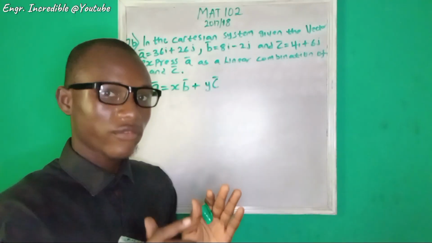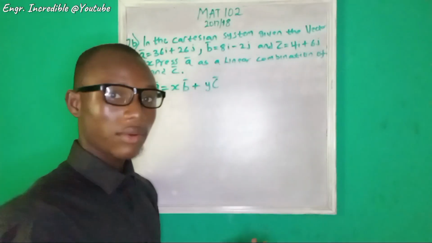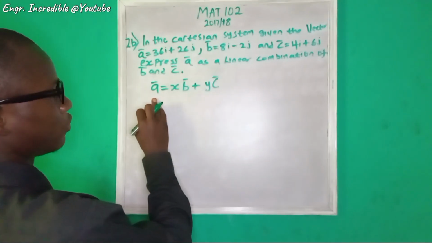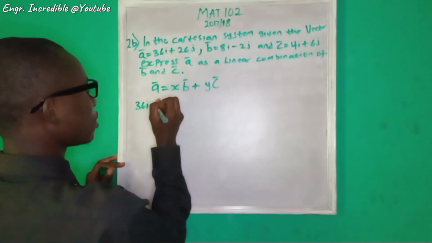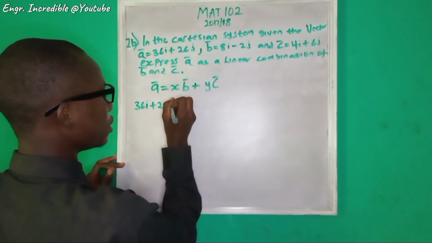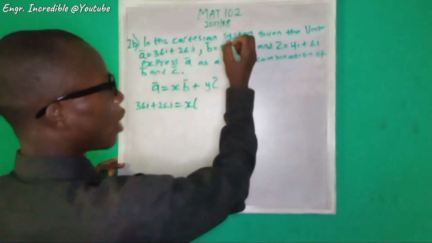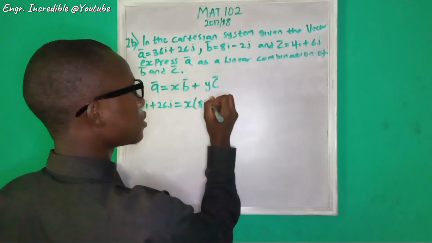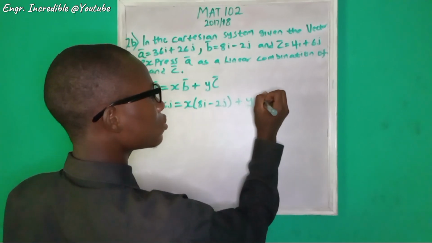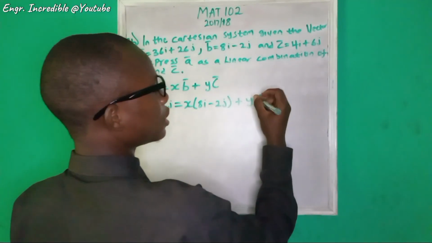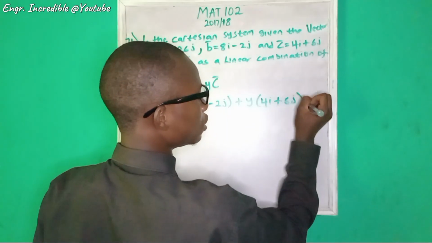So what we are going to be looking for here is x and y, then we are going to be expressing it in this form in order to get our answer. So now what is our value for A? 36i plus 26j. So we have 36i plus 26j equals x, open your bracket, our B here is 8i minus 2j, then plus y, open bracket, our C here is 4i plus 6j.